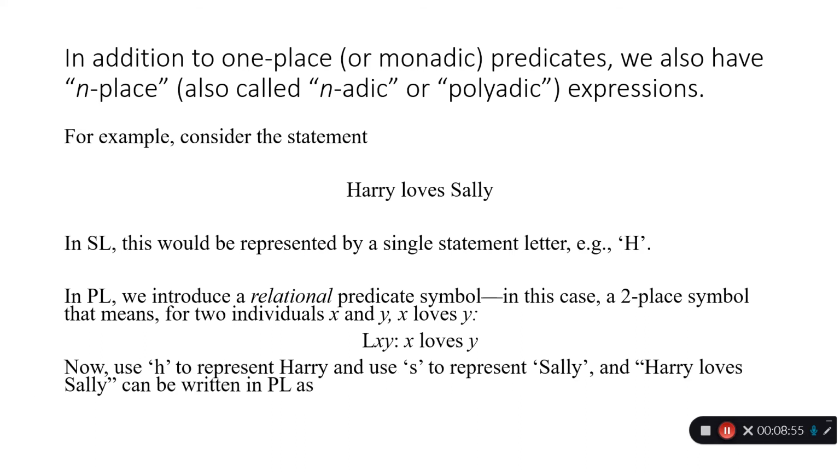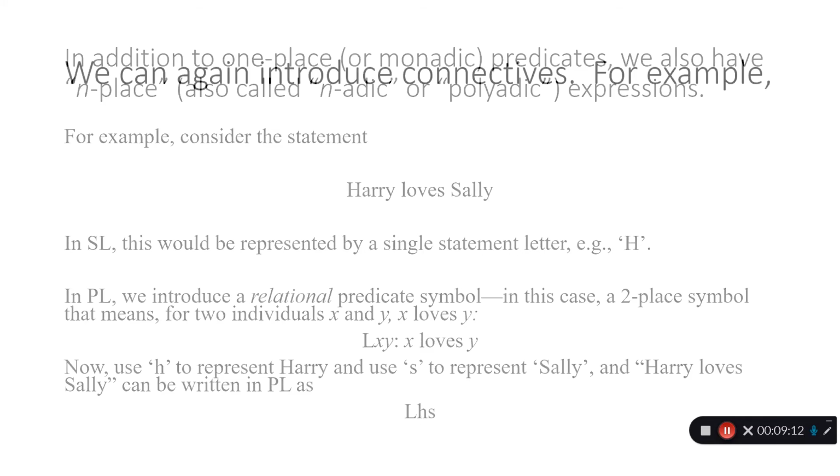So if we use H to represent Harry and S to represent Sally, then Harry loves Sally can be written as LHS. The relationship L applies to H and S in that order. LHS says Harry loves Sally.